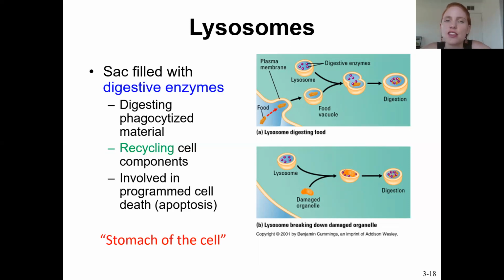Okay, so I really like to think of the lysosomes as the stomach of the cell, because that's really what it does. It digests things so that you can reabsorb it and make it into something else. Okay, so you can move it and use it for other structures within the cell. Okay, so lyse means break apart.